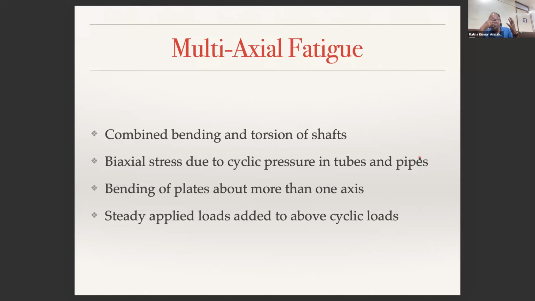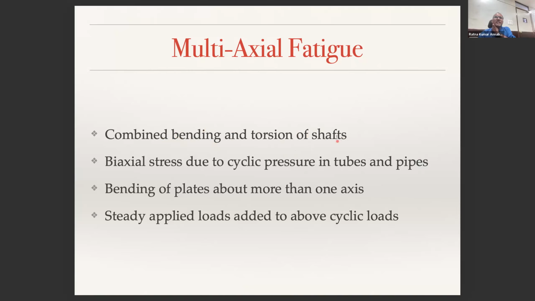Most machine components are in general subjected to combined loading. Take shafts: if you only consider bending, it gives you only axial stress, which is more or less uniaxial, so a uniaxial state of loading is fine. But a shaft is useless if it does not transmit torque.